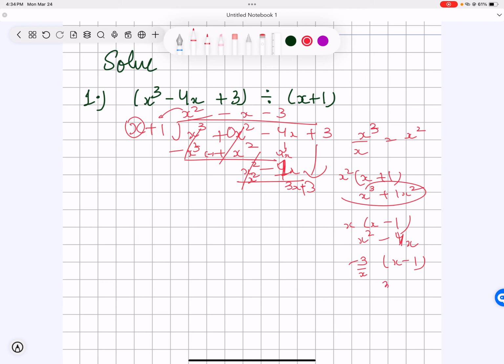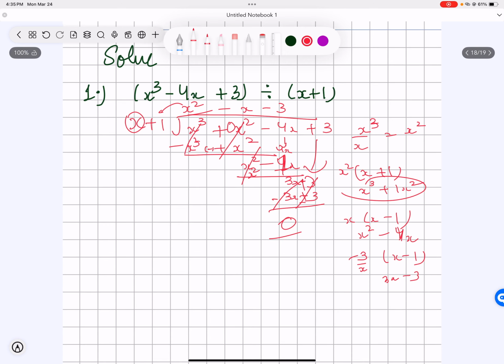Again, I get 3x minus 3 here. 3x minus 3, I will write that as minus, and then minus. I cancel those two, and then I get 0. And then this is my final answer. X squared minus x minus 3 divided by 6, and x plus 1.